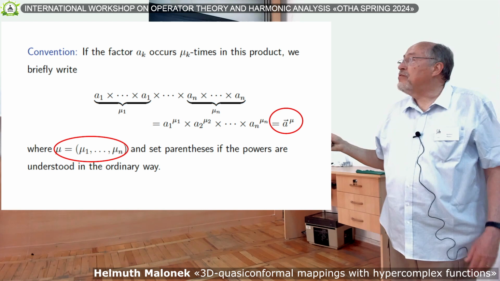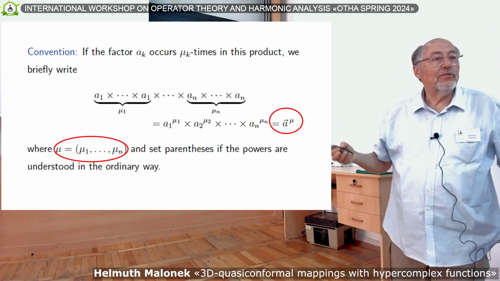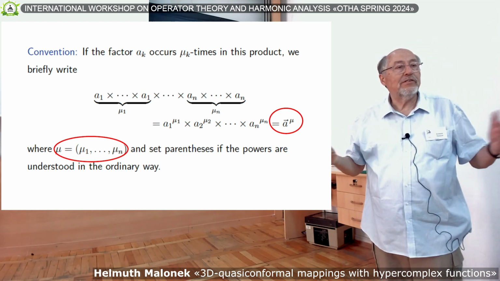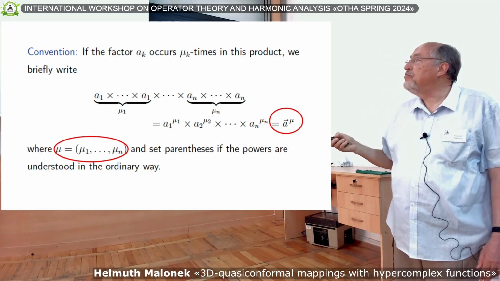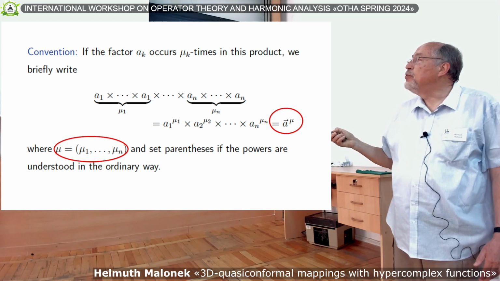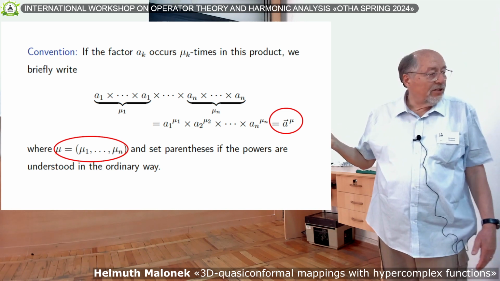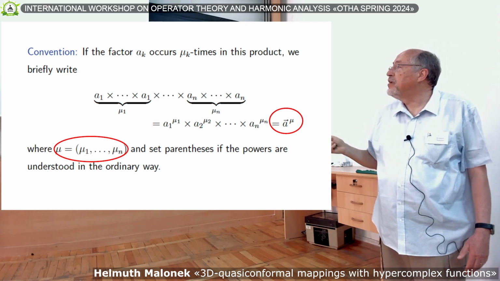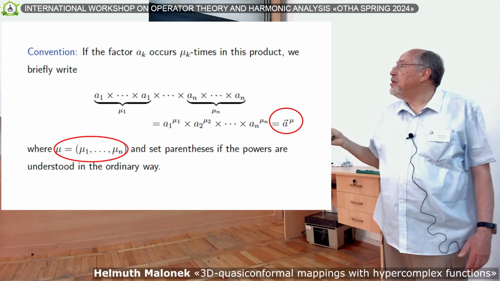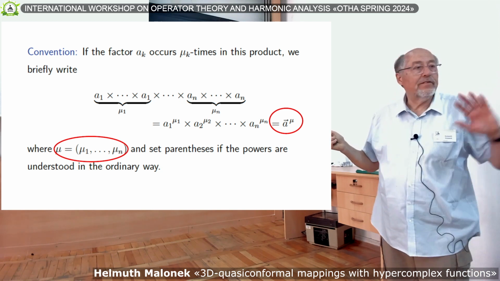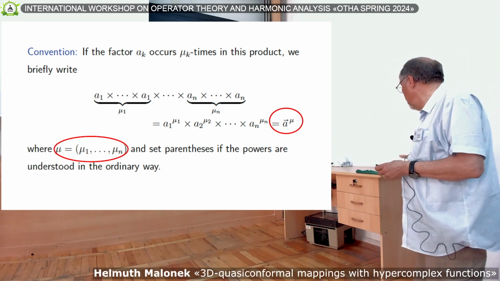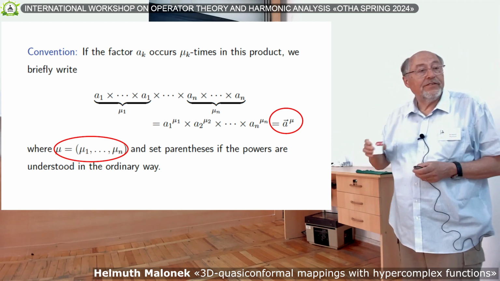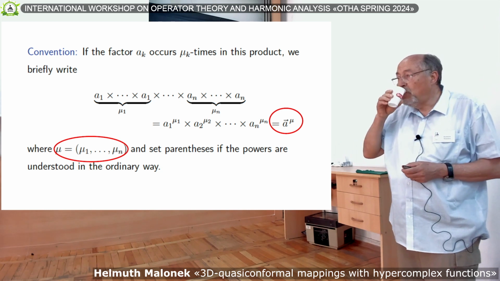And it's very clear, because you want to have similarity with a several complex variable case, you have to combine a convention with a multi-index. You consider this product in the same form, and you get here the vector of this an in the algebra written in such a form, so that also the form of the Taylor series and other things are almost the same as in the several complex variables case.